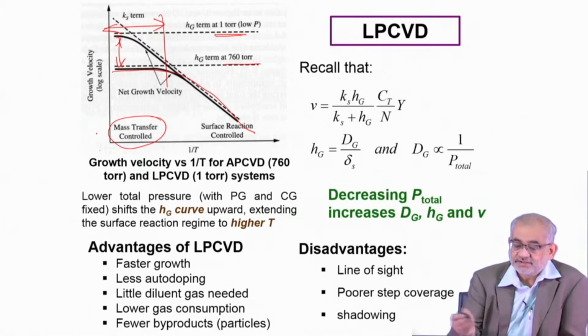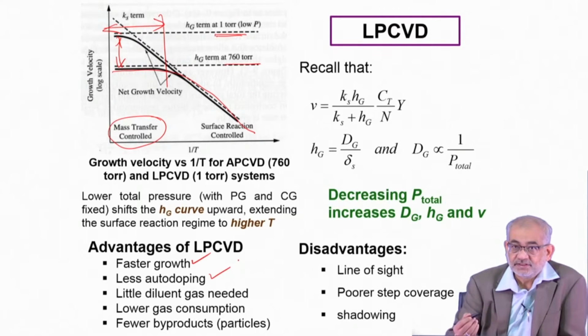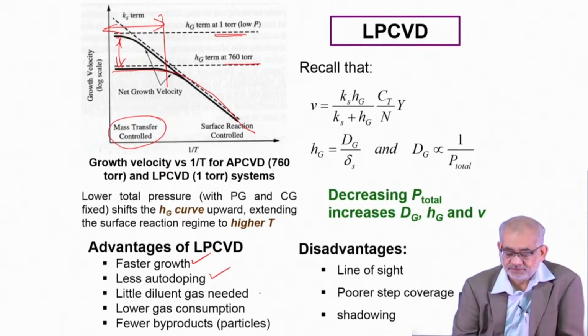So we certainly have these advantages. We have faster growth, and we have less auto-doping, meaning ejected atoms from the substrate or the chemical reaction reaching the vapor phase and getting doped. This hazard is less in case of low pressure CVD.